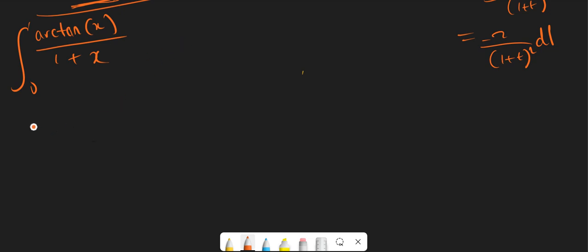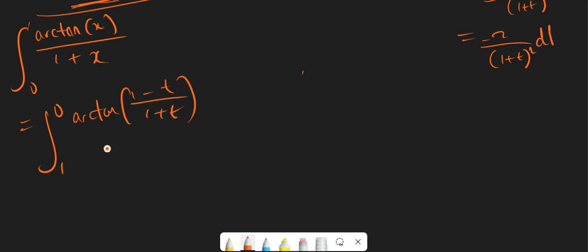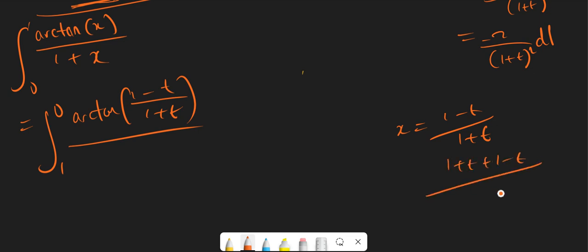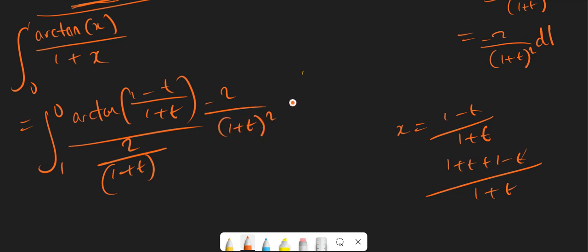This equals the integral from 1 to 0 of arctan of t, and then you divide by 1 plus x. Because x is (1 minus t) over (1 plus t), 1 plus x will just be (1 plus t plus 1 minus t) all divided by (1 plus t), and that will be 2. So you have 2 over 1 plus t, then you have dx, which is negative 2 over (1 plus t) squared dt. Now the 2's cancel out.